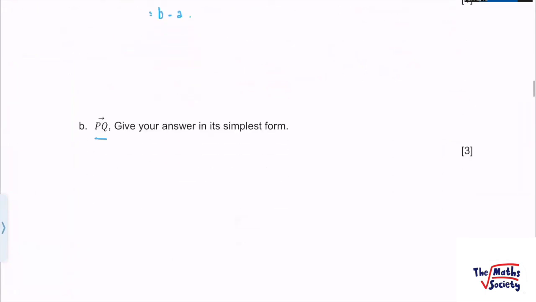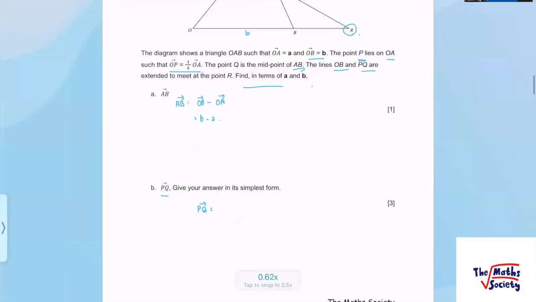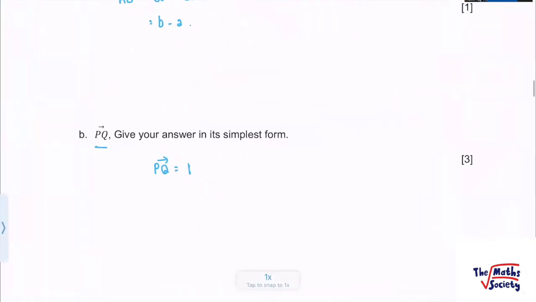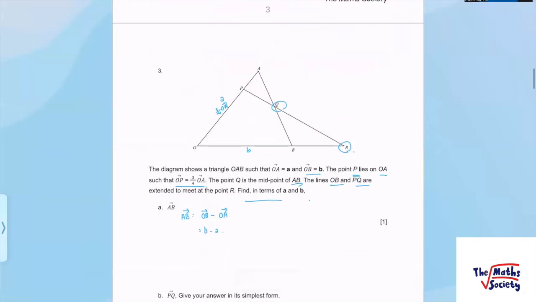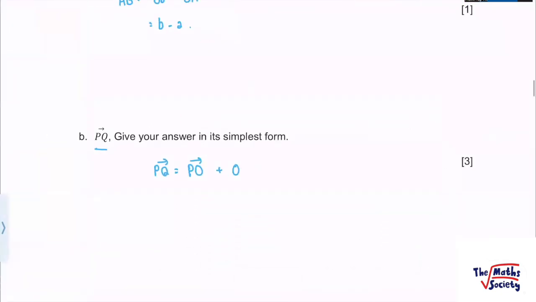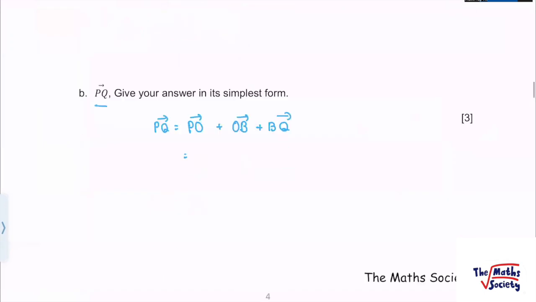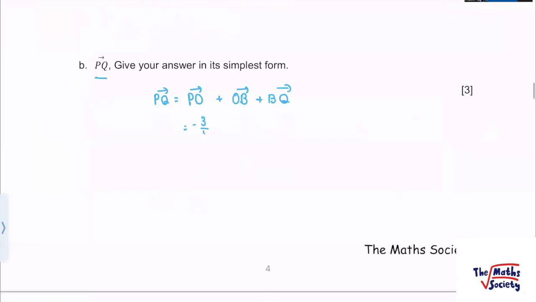And it says PQ. So to go PQ, we go PO, OB, and then BQ, right? Yep, so we know that OP was 3 by 4 OA, so we just change it into minus 3 by 4A.